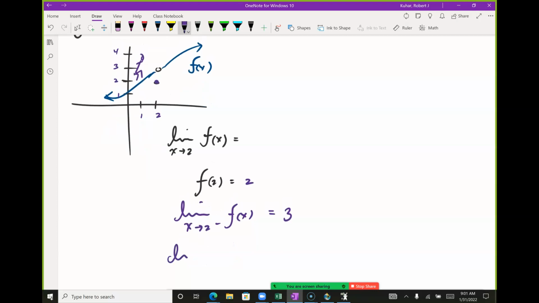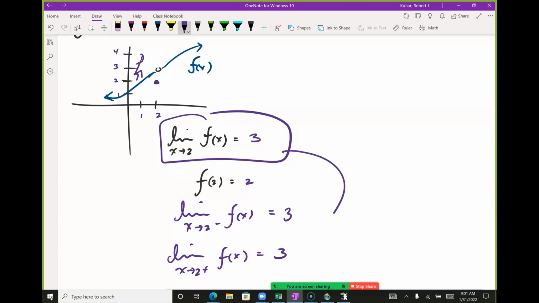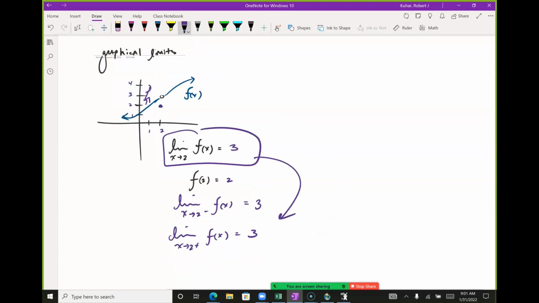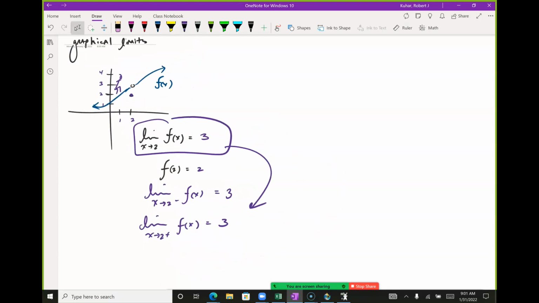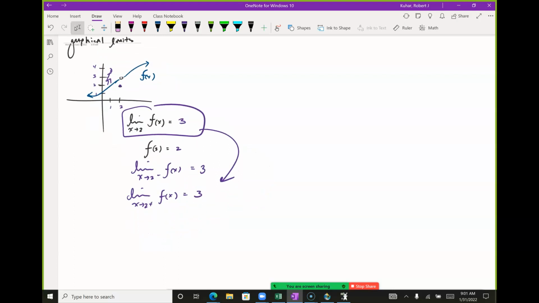And what about the limit as x goes to 2 from the right? What height am I walking toward? Again, 3. So since my limits left and right match, I know that the limit as x goes to 2 is 3, even though there's a hole in the road there. Even though there's a hole in the curve, it's not a jump, right?